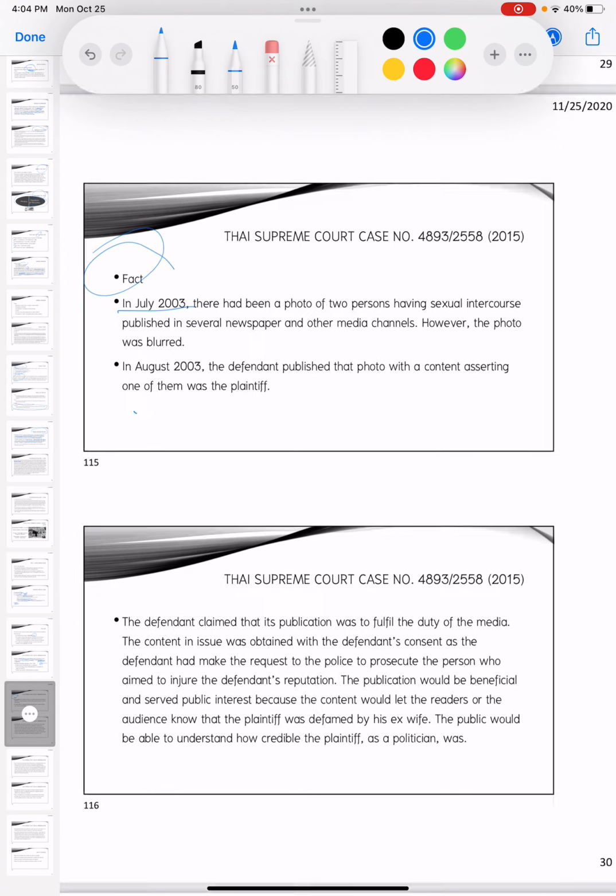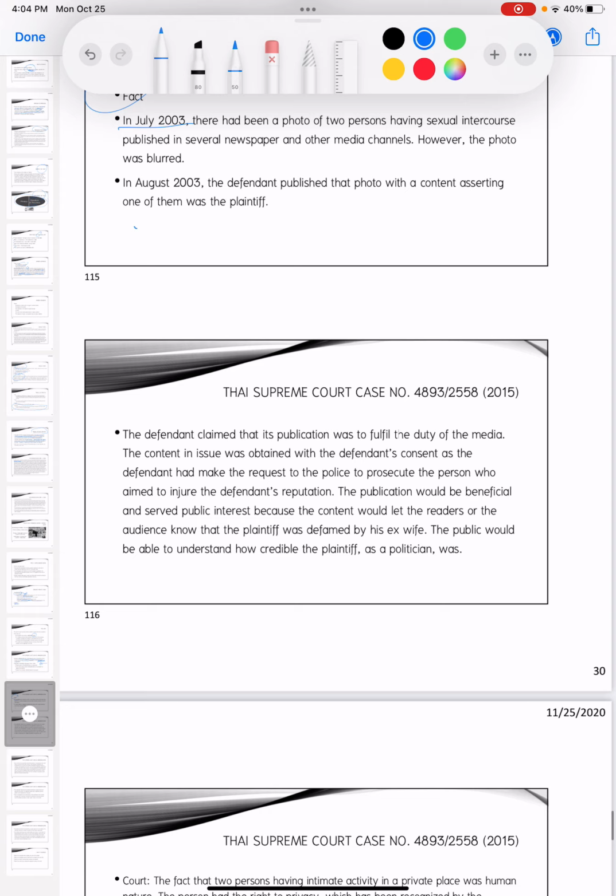After that, the plaintiff came to the court and sued the newspaper. The defendant claimed that its publication was to fulfill the duty of the media, right? All the time, the media who fight in a case like this are going to raise the public interest defense.